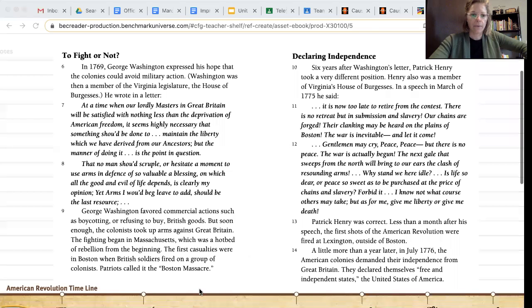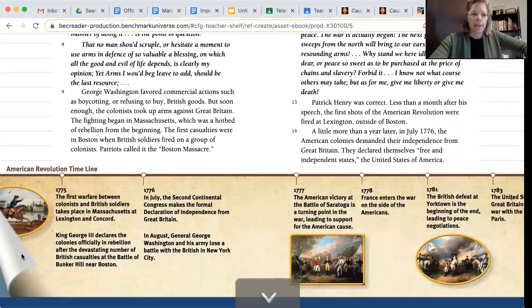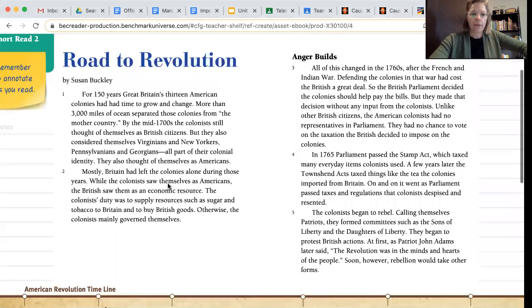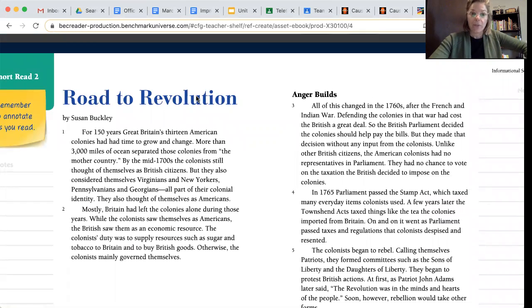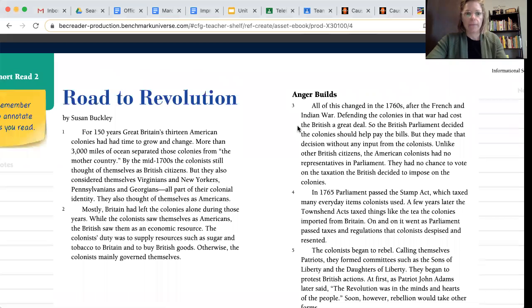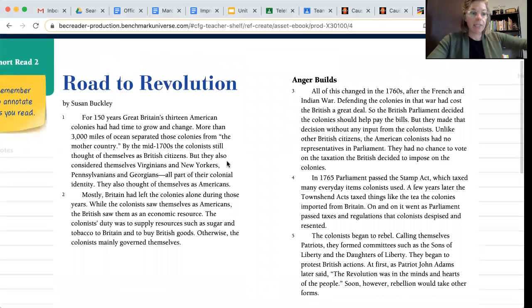Also, now you're going to use the annotations you made to do this page in your booklet. For example, we're going to do the introduction one together.